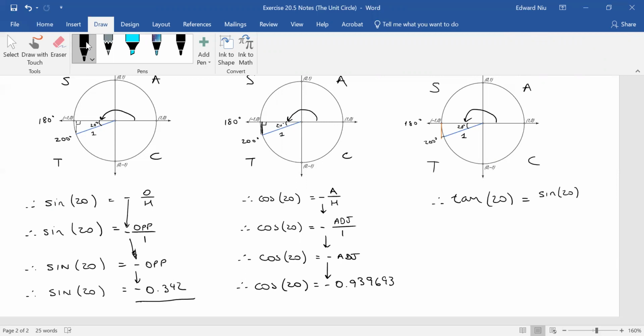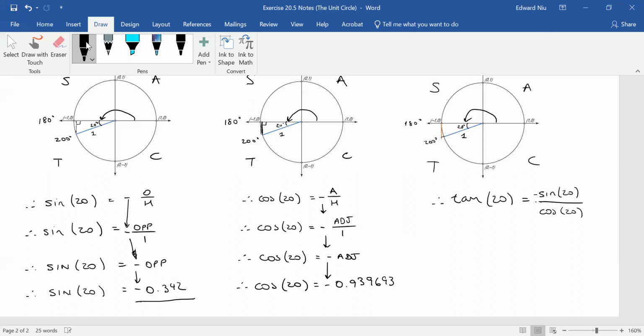So if you want to plug in the decimals, you can instead of the trig ratios. And then divided by the adjacent, which is the horizontal, which is cosine 20. Okay, if you want to plug in negative 0.9396, you can do so.